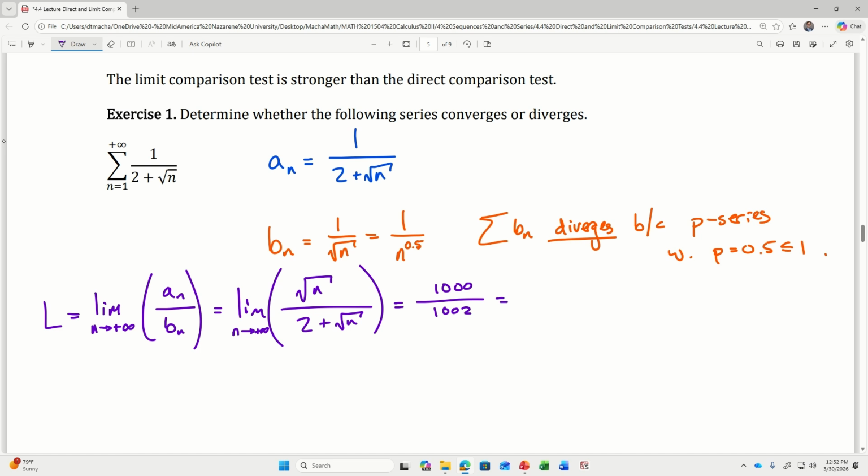What if n is a trillion? Then the square root of a trillion is a million. So it's like a million divided by a million and 2. What am I getting closer and closer to? 1. This ratio is getting closer and closer and closer to 1.